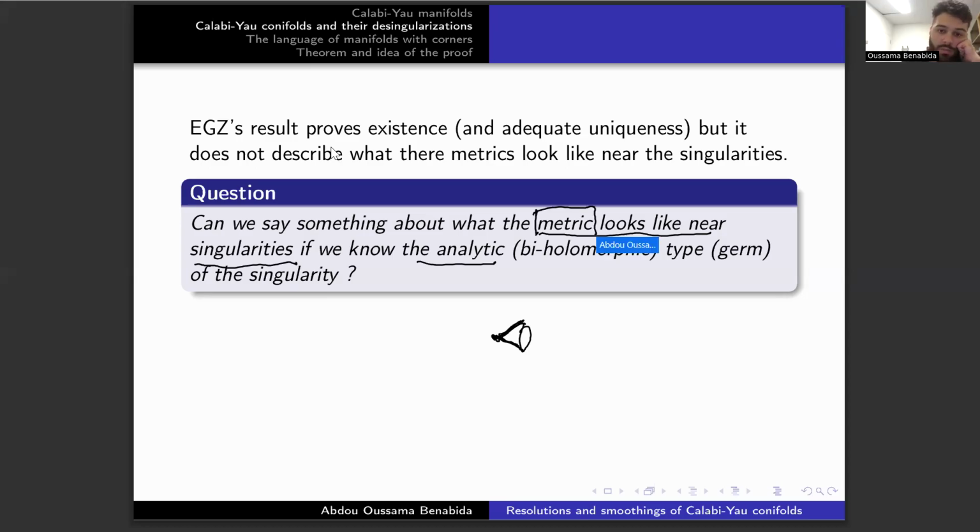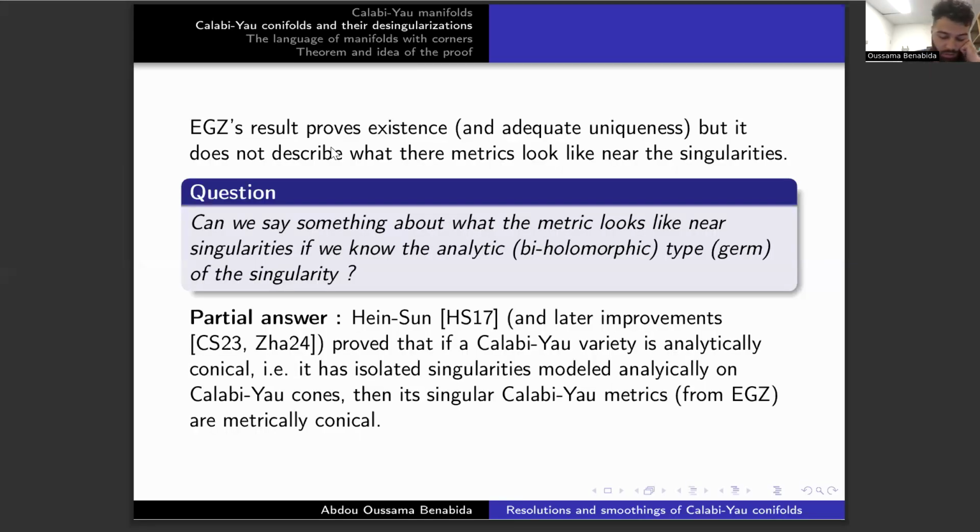looks like? So a partial answer, not in the general case, was given in 2017 by Hein and Sun, and it was later improved to remove some initial conditions that were imposed. It proves that if a Calabi-Yau variety is analytically conical, so this means that it has isolated singularities modeled on Calabi-Yau cones.